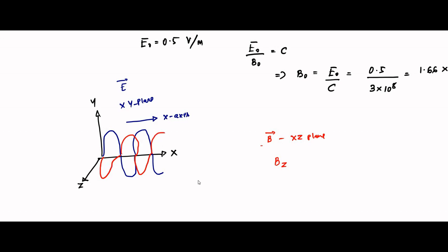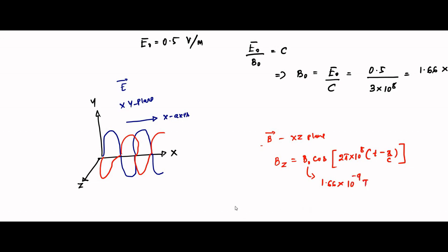So Bz will be represented as B0 cos 2 pi into 10 to the power 8 t minus x by c, where B0 is equal to 1.66 into 10 to the power minus 9 Tesla.